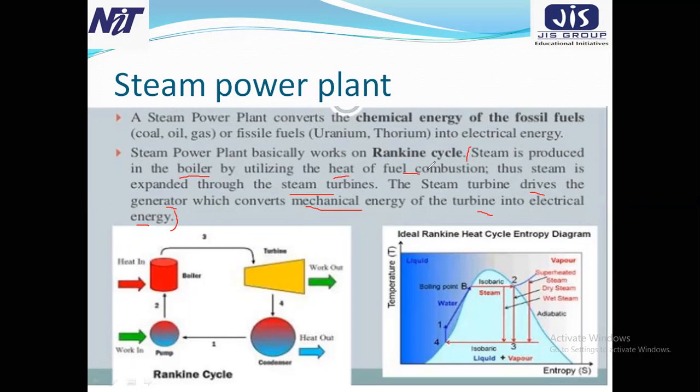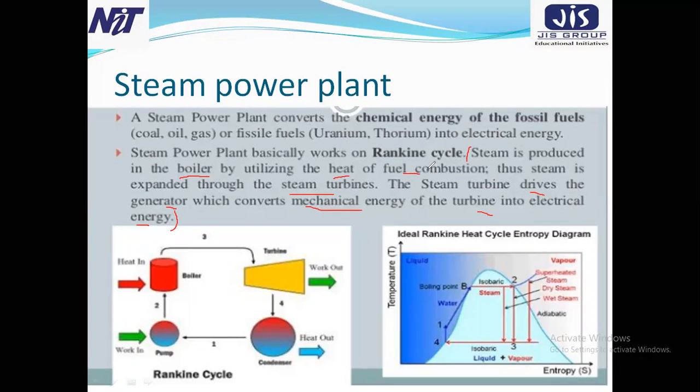Look, the procedure of steam production is the main purpose. There is a water treatment plant, and first, with the help of the coal or some other fossil fuel, heat is generated, and that heat converts the water to steam.